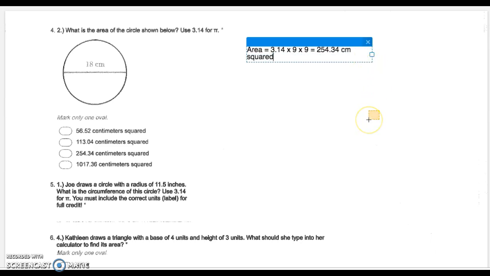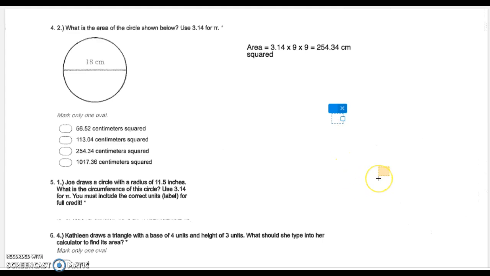So for area, remember, it is always squared, whatever it is, centimeters, inches, feet. For circumference, you don't need to square the label.